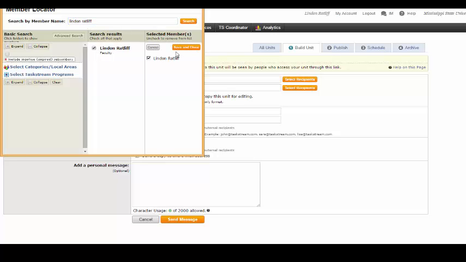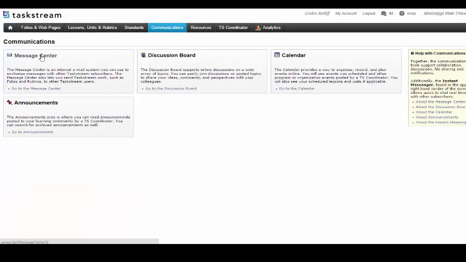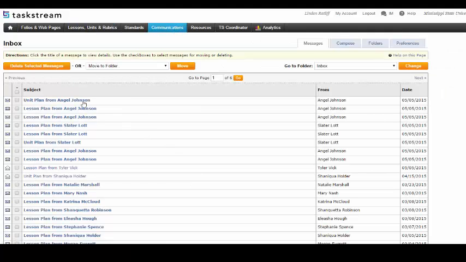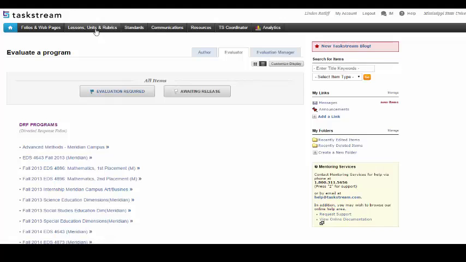Click on that, save and close, and it's going to send you a copy as well. So you can do either one. If you email this to me, it goes to my communication tab here. If I click on communication and go to Message Center, these are all the people who have emailed me lesson plans through using TaskStream.